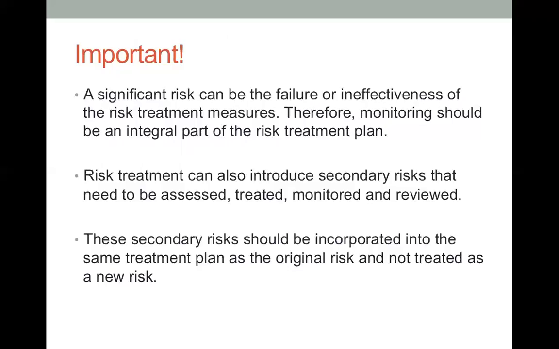A significant risk may be the failure or ineffectiveness of the risk management measures. So we need to monitor, and the monitoring process should be integrated into the risk treatment plan. And risk treatment can also introduce secondary risks that need to be assessed, treated, monitored, and reviewed.